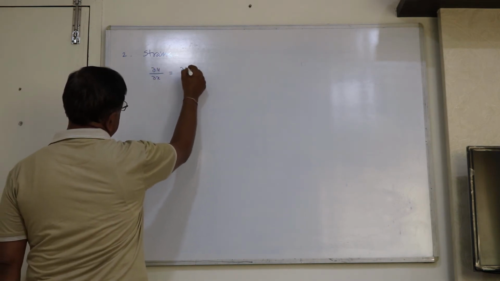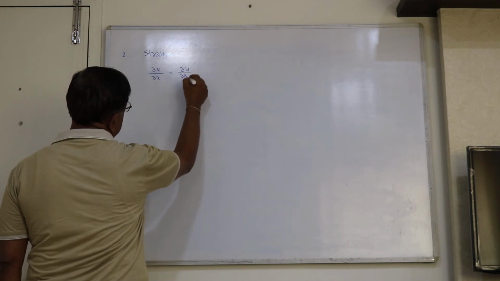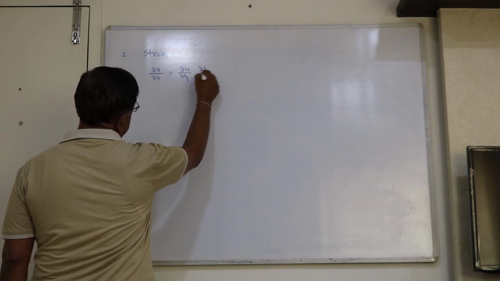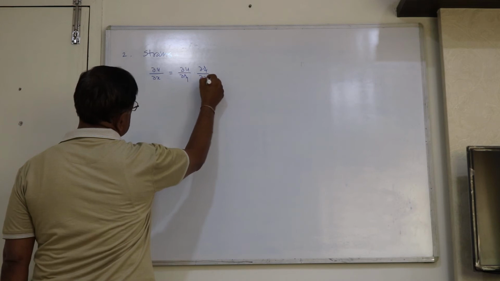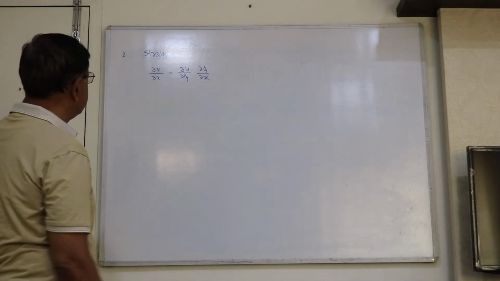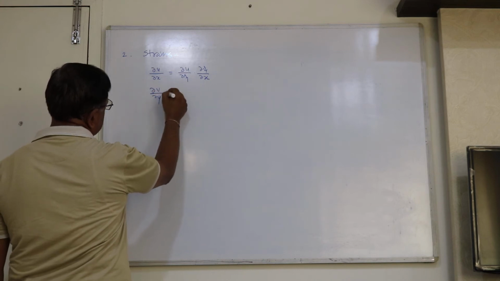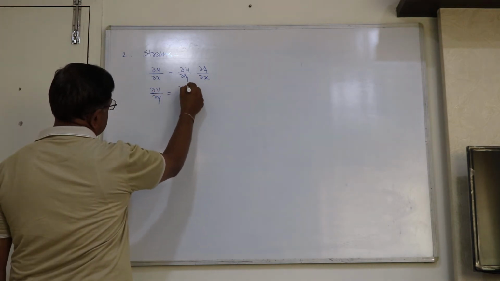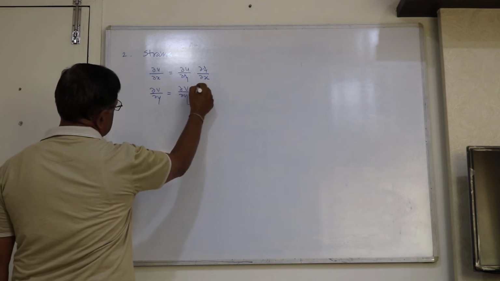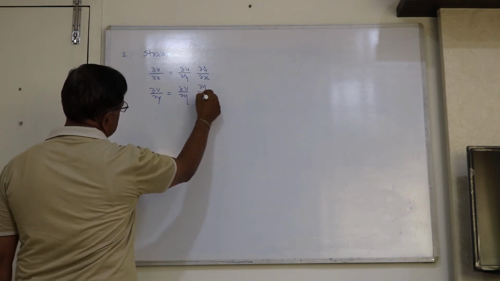So del u by del x is equal to del u by del xi into del xi by del x. So this we can do. Next, del v by del y will be equal to del v by del eta into del eta by del y.